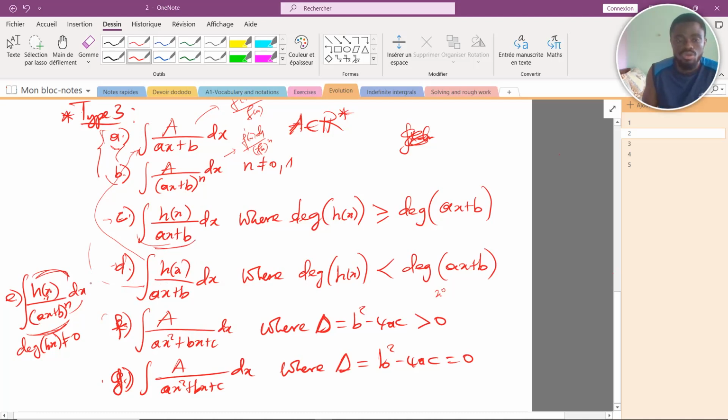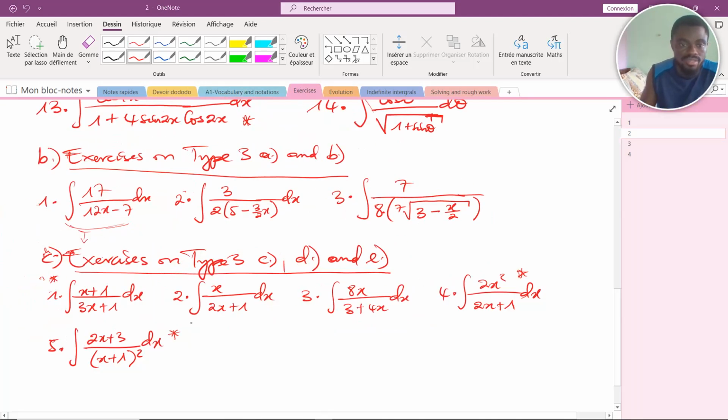So you will do the other exercises, that is question 2, question 3. Let me add a last exercise. You're going to try, let's say, the integral of (4x plus 5) all over (x plus 2) cubed.